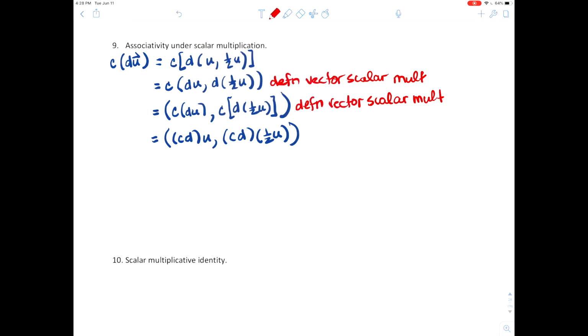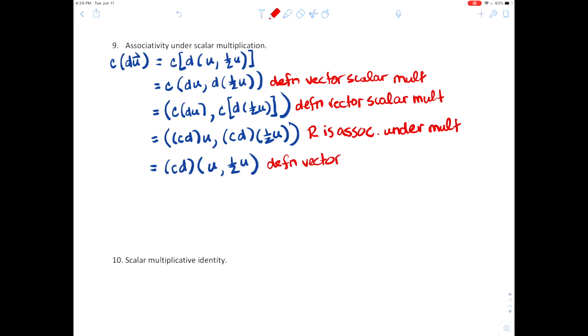And that is, the set of real numbers is associative under multiplication. And then we will have this equal to C times D times the vector in component form, U, comma, 1/2 U. That is the definition of vector scalar multiplication.